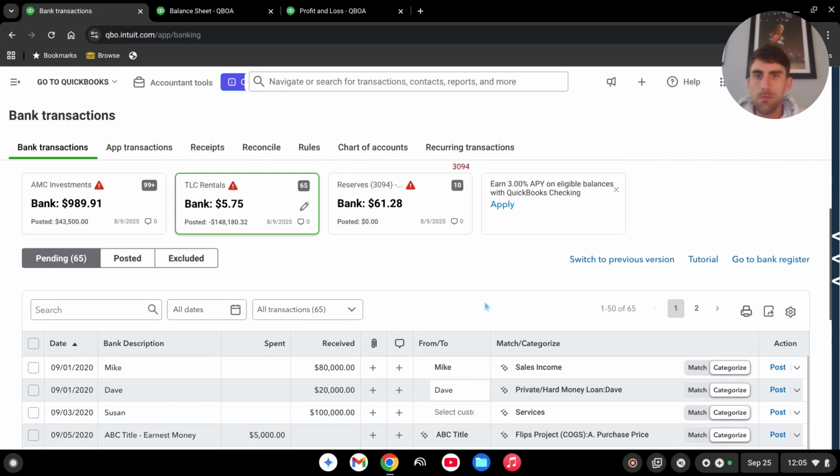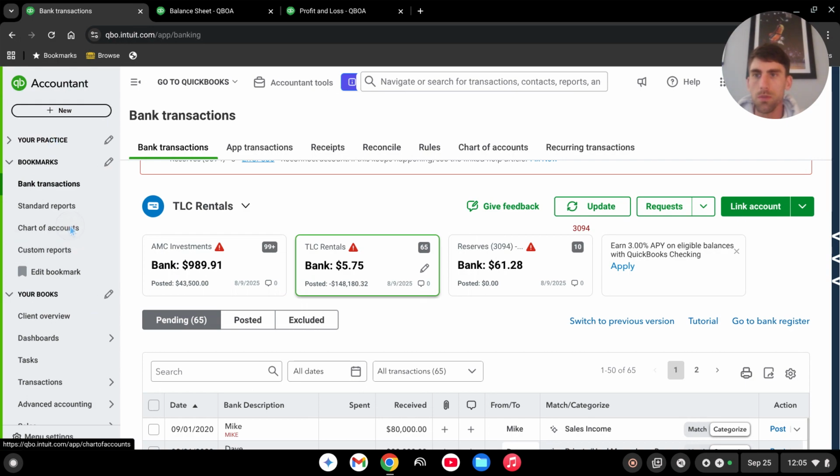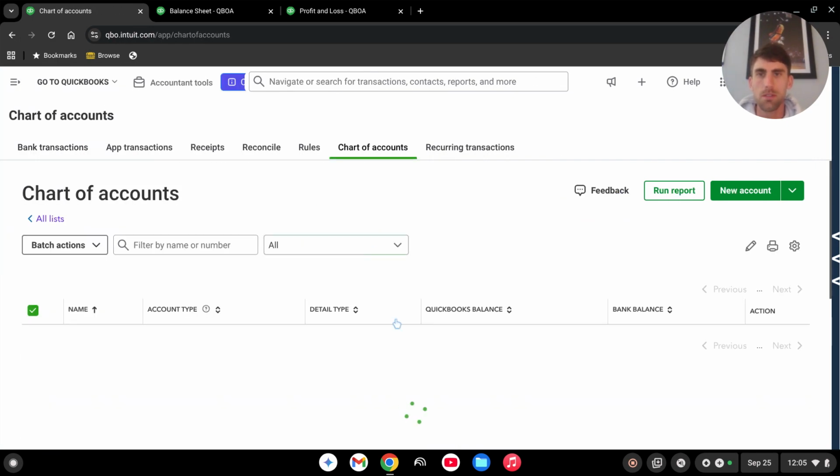So let's just go into how we want to set it up in our chart of accounts.